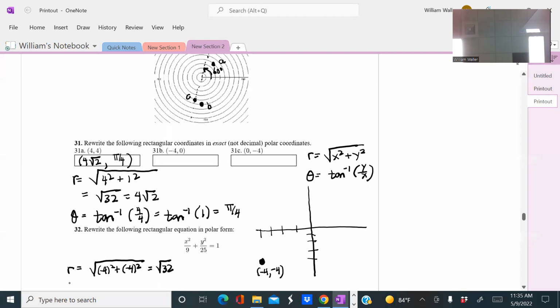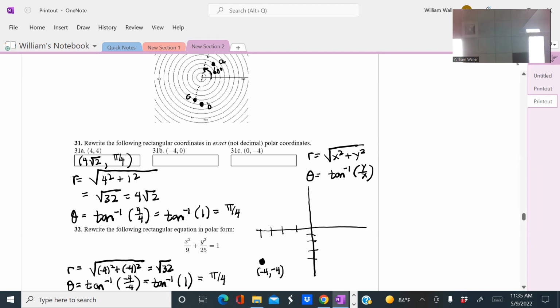And then for the theta, here's what you're thinking: okay, theta, that's easy. That's the inverse tangent of minus 4, the y value, over the x value, which is also minus 4. So you get the inverse tangent of 1. But when you calculate the inverse tangent of 1, either by hand or on your calculator, you get pi over 4.